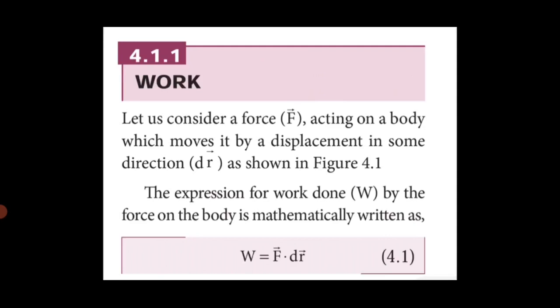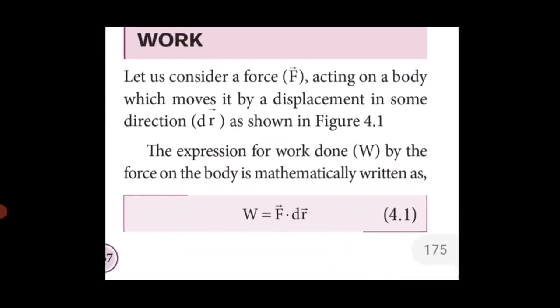We are giving some force to an object, it displaces and work is done. The work done by a force on a body is mathematically written as W is equal to F dot dr.